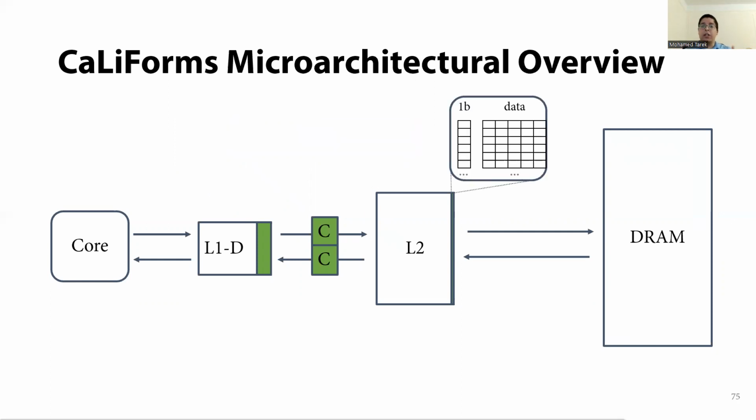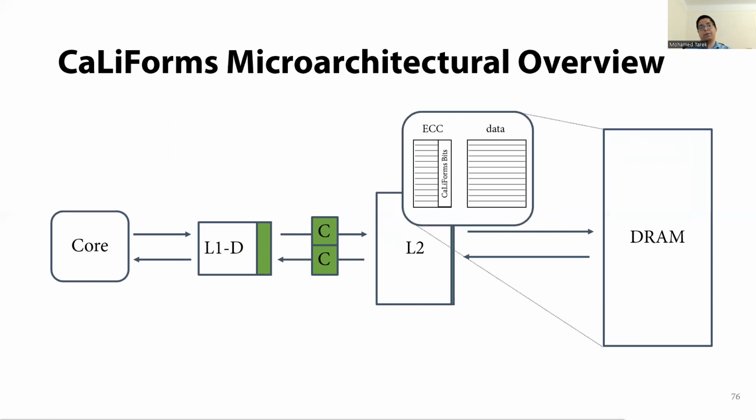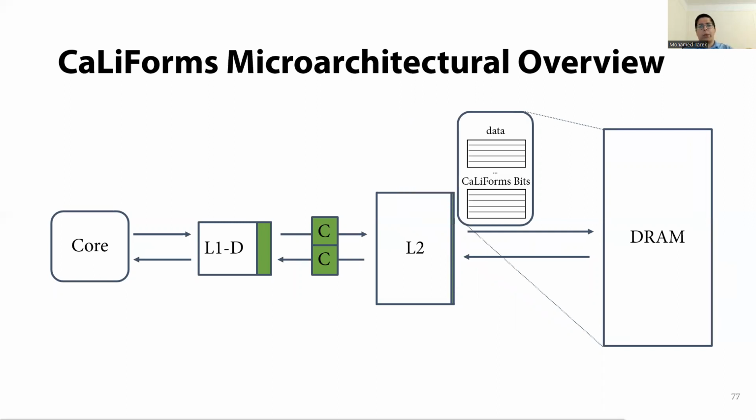Then for L2 cache and beyond, we only add one metadata bit per the whole cache line, resulting in 0.2% memory overhead. For main memory, this one bit can be stored in ECC bits if available, or we can store the CaLiForms metadata in a disjoint memory region in ZeRØ. Of course, as the size of L1 cache is small compared to L2 and main memory, the overall memory overhead is dominated by the 0.2%.